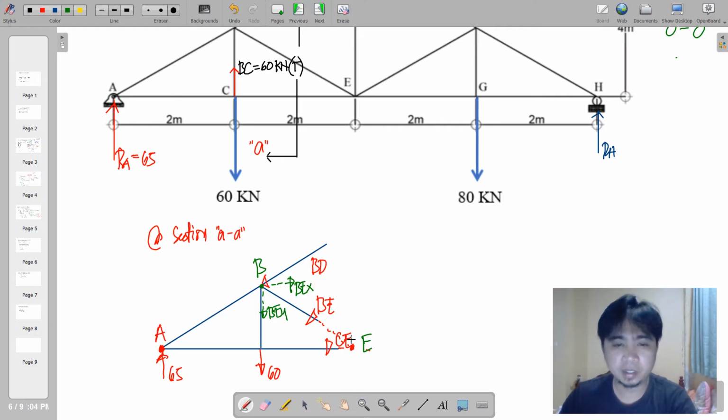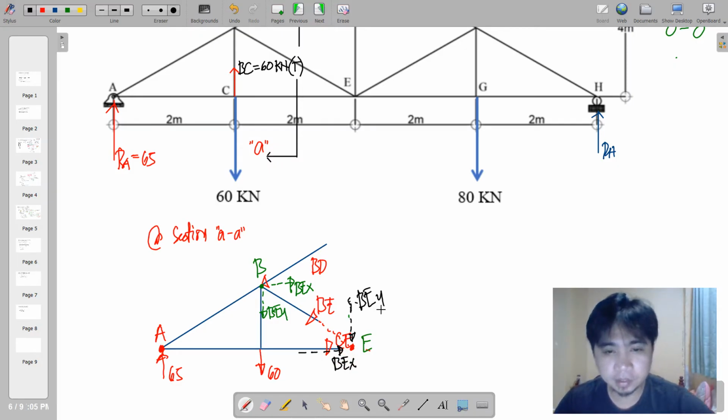On the other hand, if we choose to resolve it at E, there will be two components here, say BEY and BEX.